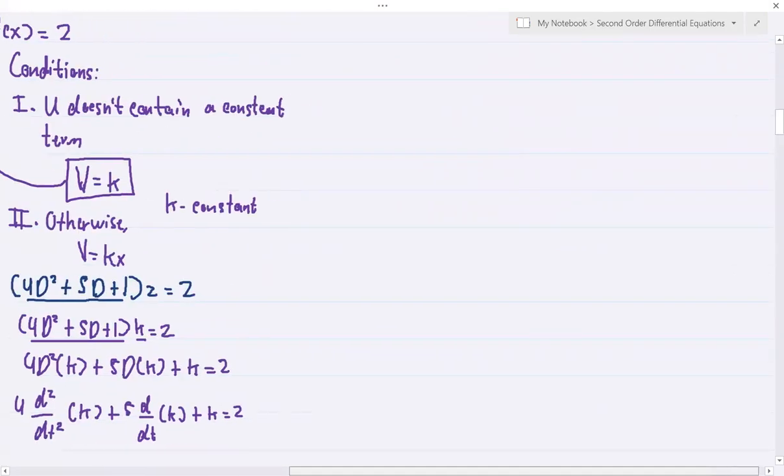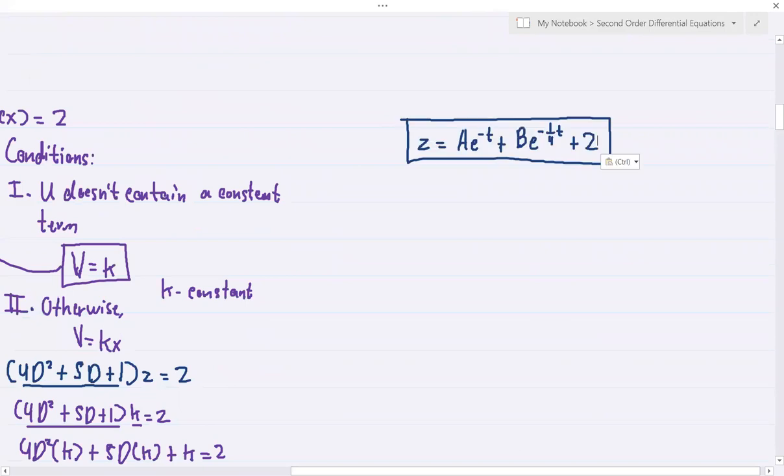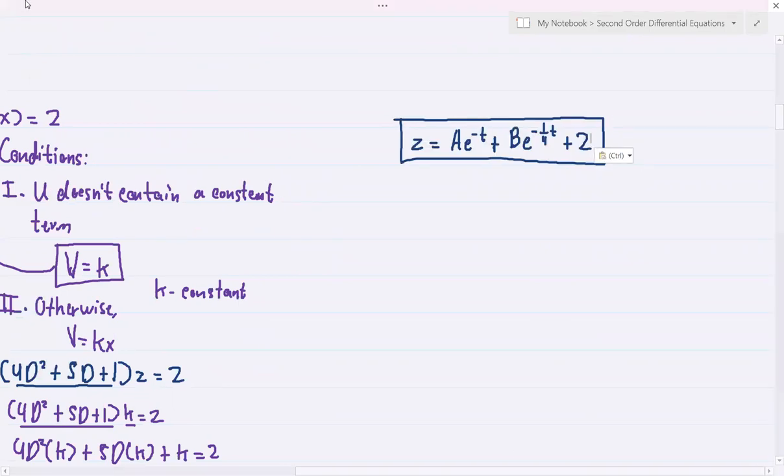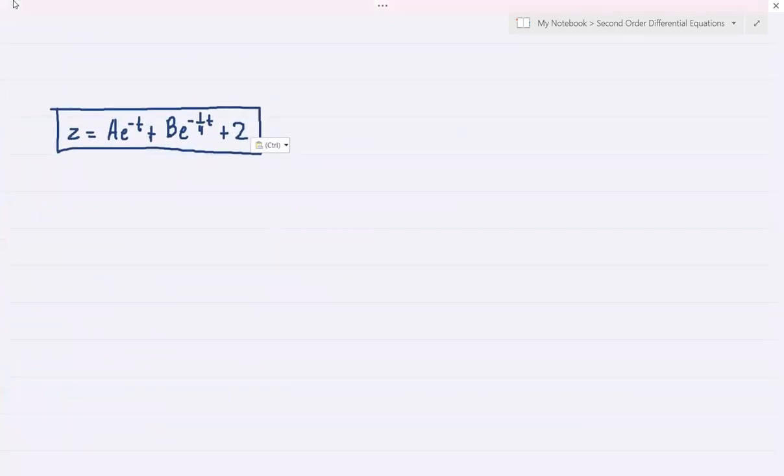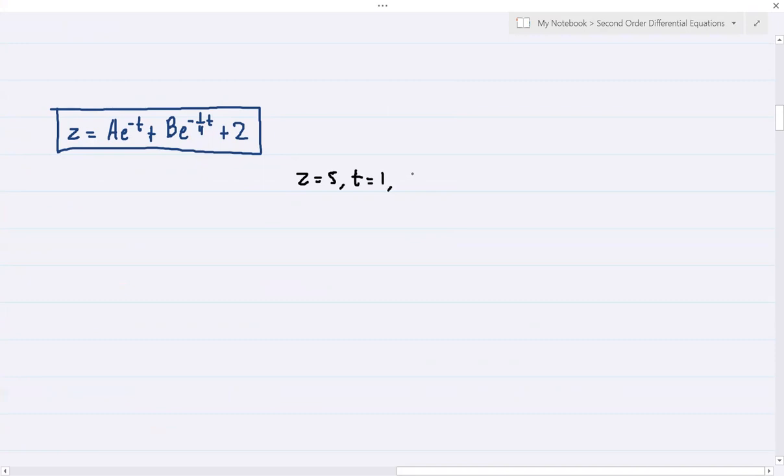Let's just say that your z is equal to 5, your t is equal to 1, and your dz over dt is equal to 2. What would be now your particular solution? Let's substitute everything in the general solution.